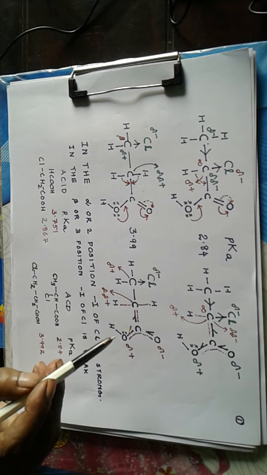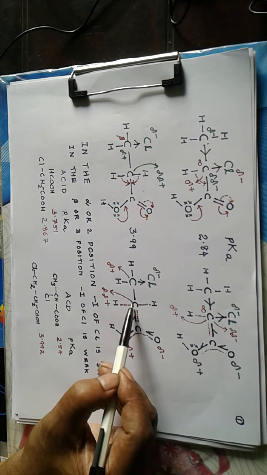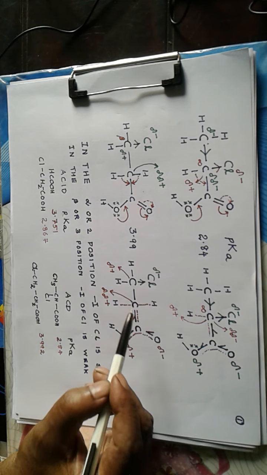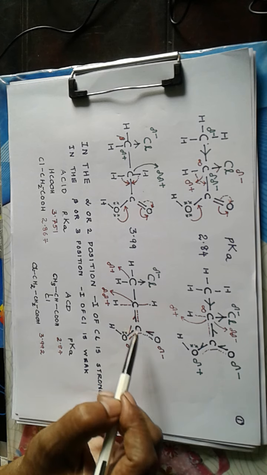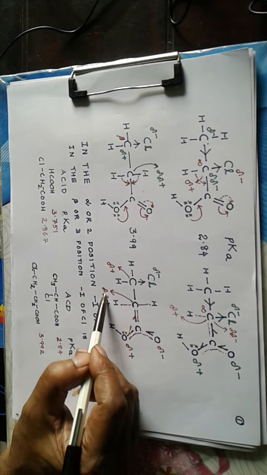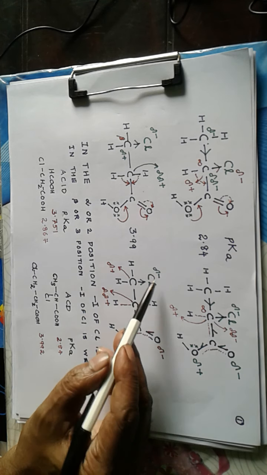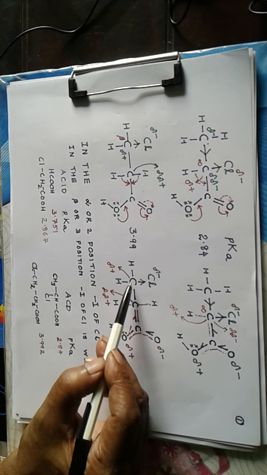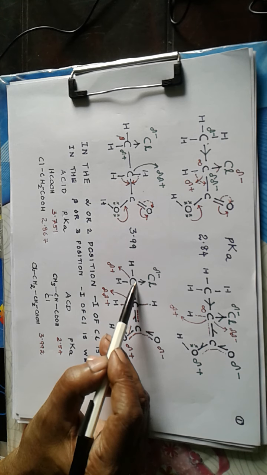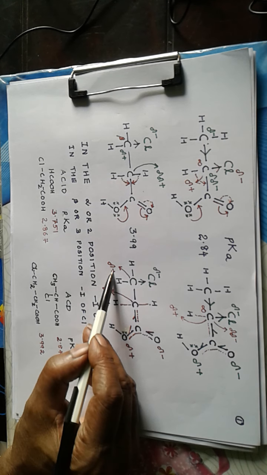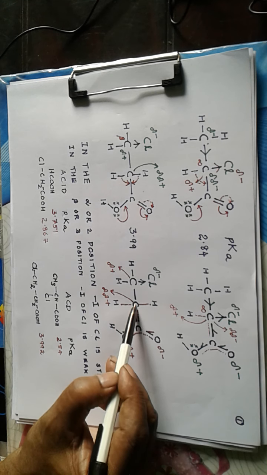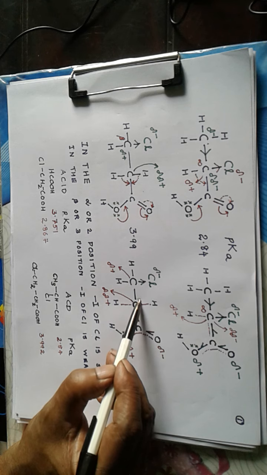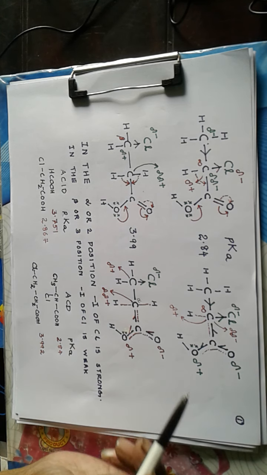And again, the partial positive charge over the carbon adjacent to the carboxylic acid group is delta positive, because chlorine here acquires a delta negative charge due to its minus I effect, and the carbon directly bonded to chlorine acquires a delta positive charge. And the next carbon, here it can be called the alpha carbon, acquires a delta positive charge.